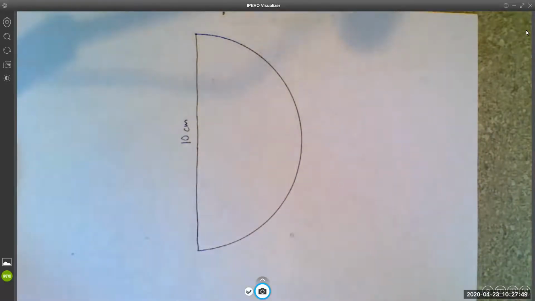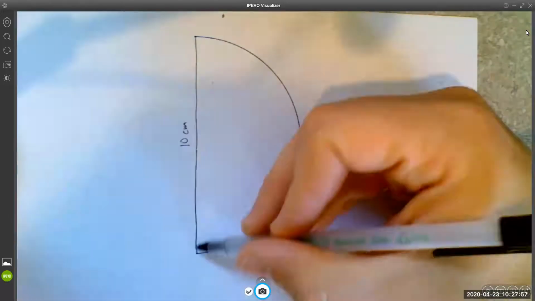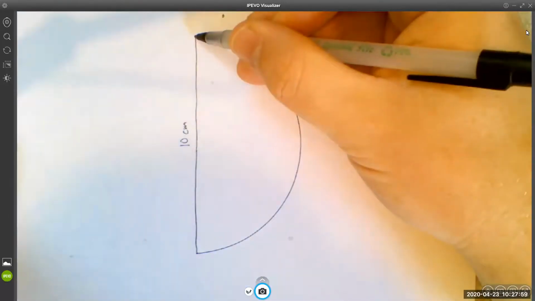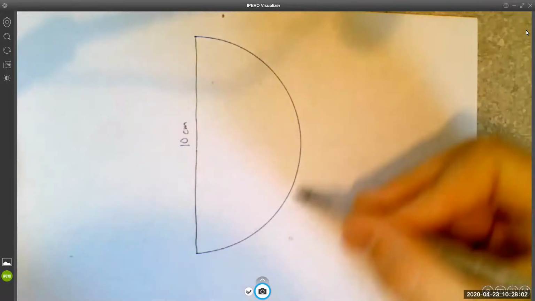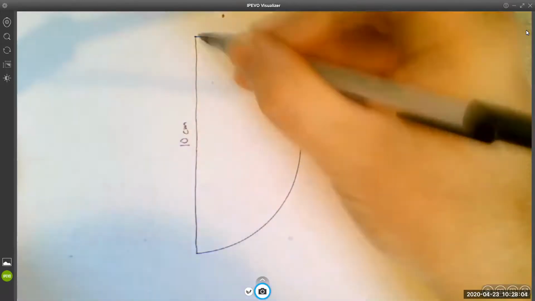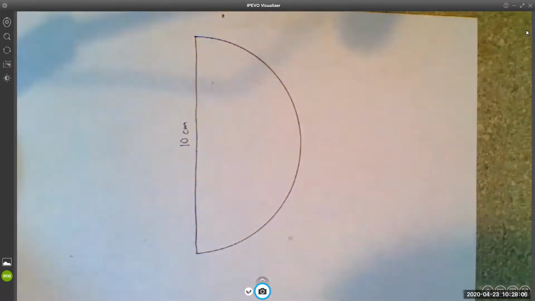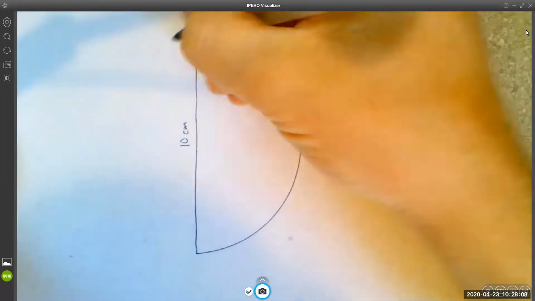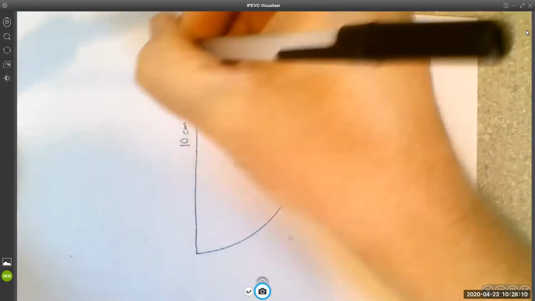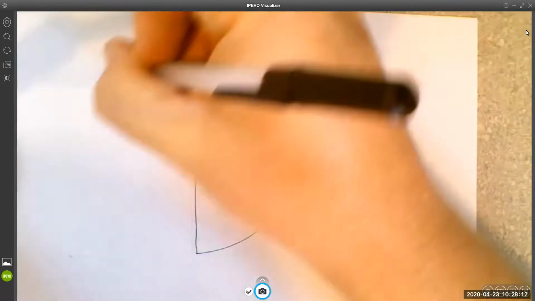Okay, so here's my solution. The perimeter is going to be, of course, 10 centimeters, plus whatever this circumference is. Now, how do I find that circumference? Well, one thing that I could do would be to find the circumference of the entire circle, right?